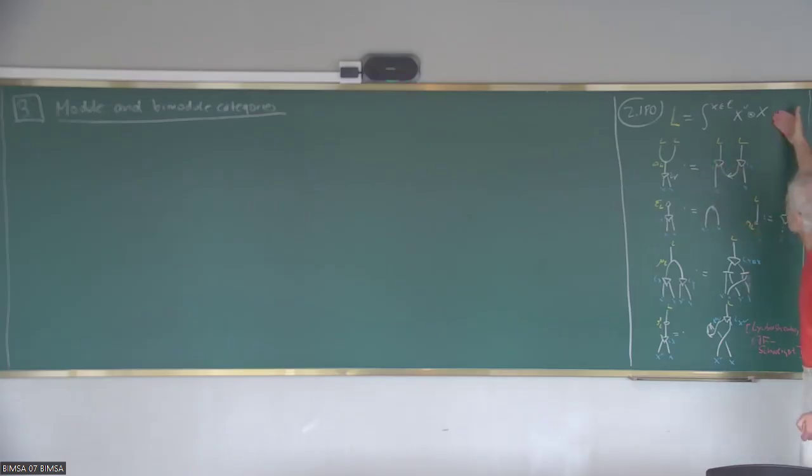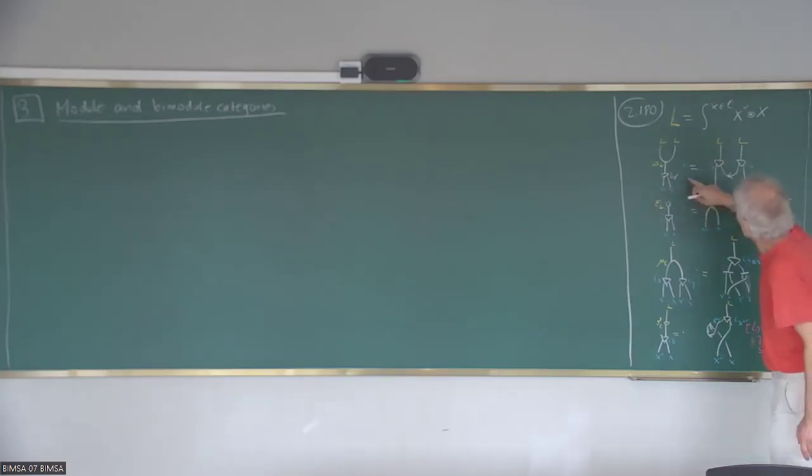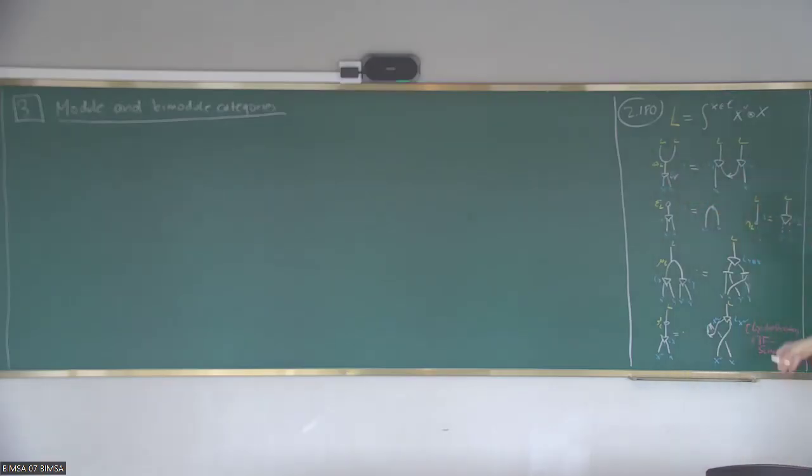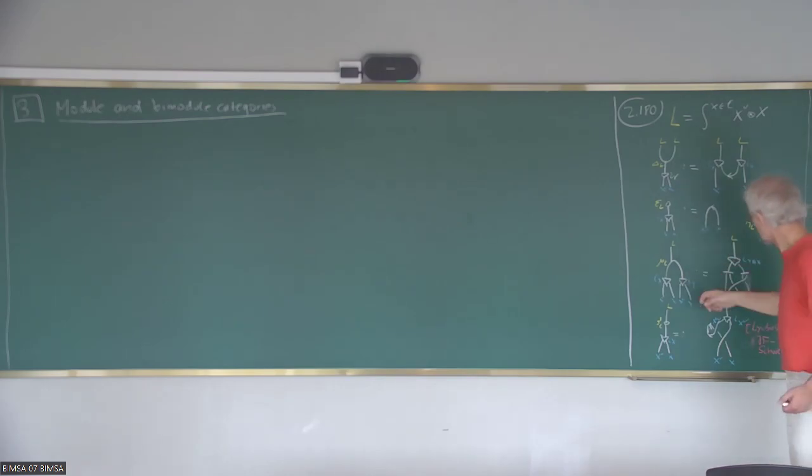And the i-maps are part of the structure, so they are given. So this here really defines what the coproduct on L is, because we know what this is and what this is. And analogously, counit, unit, product, and antipode.